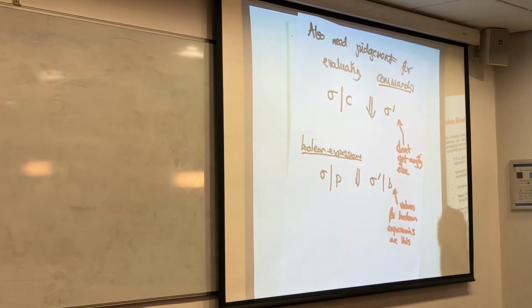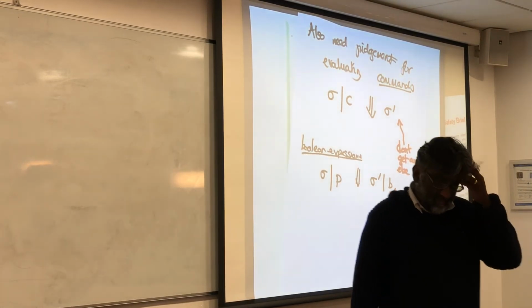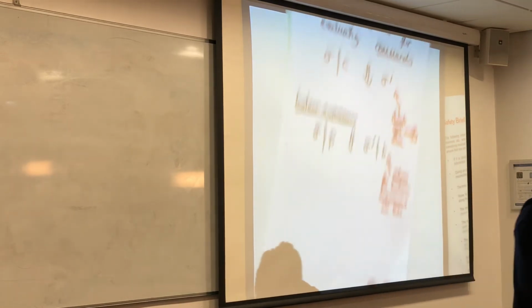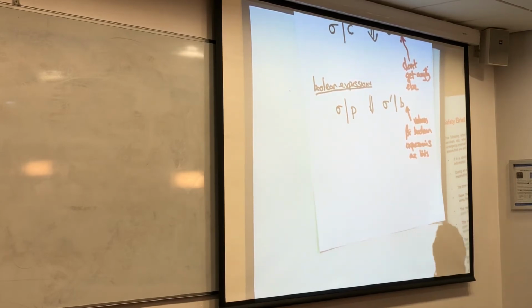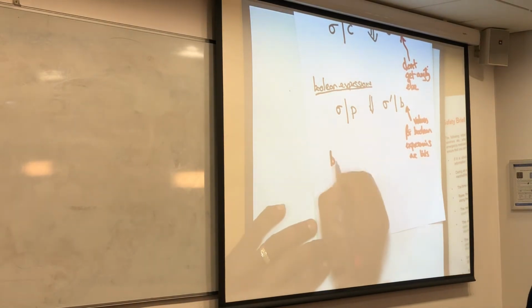And finally, if I'm not mistaken, there's blocks. Remember, a block is just a list of commands. It's like, x equals x plus 1, y equals x plus 2. That's 2 commands, it's a block. So we need judgment forms for blocks. Okay?